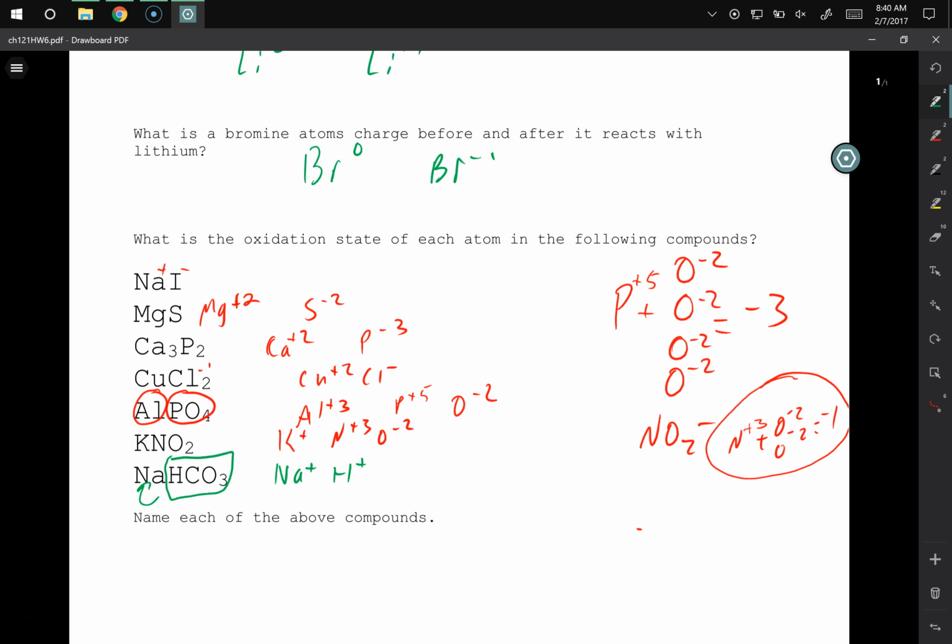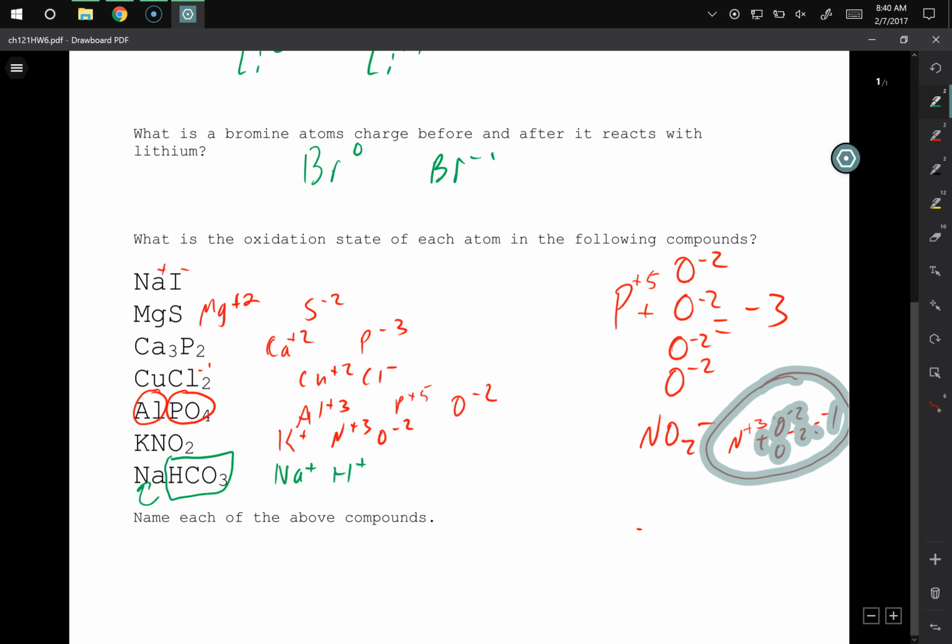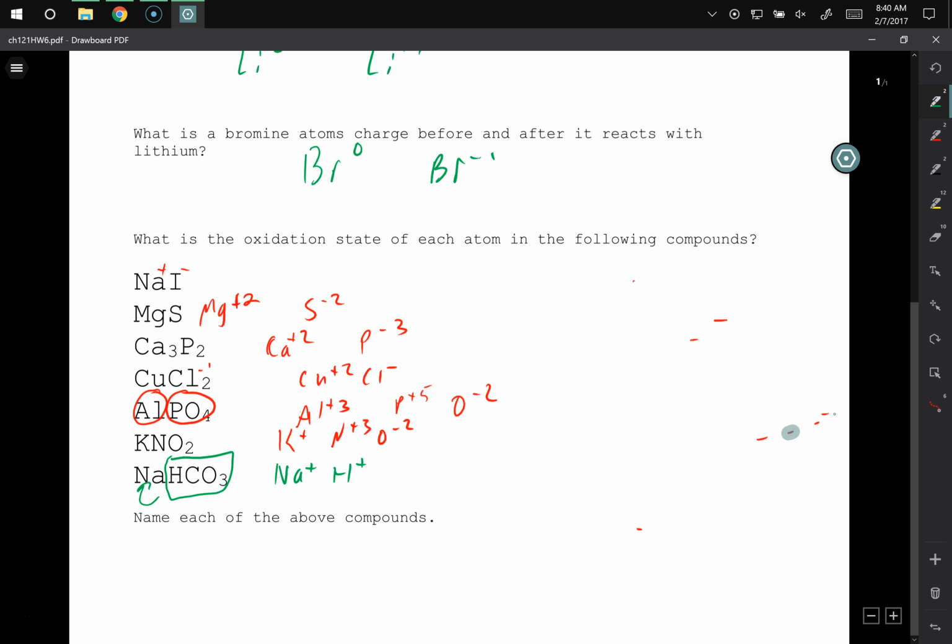What's this thing I have boxed? It's the polyatomic ion hydrogen carbonate. So that hydrogen carbonate owns the hydrogen because it's a hydrogen carbonate. So we've got an HCO3 with a minus charge on it. So H, carbon, oxygen, oxygen, oxygen.